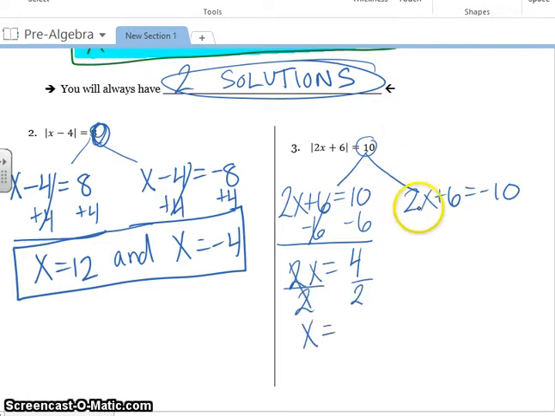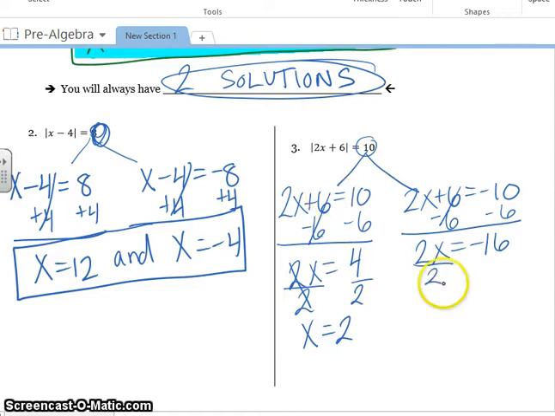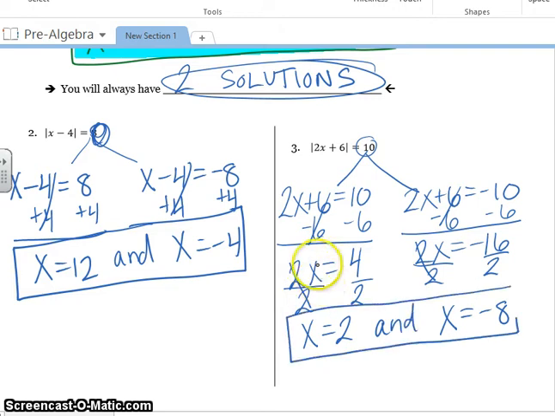So we get x equals 2 for one solution. Then 2x plus 6 equals negative 10. We'll subtract 6 from both sides and get 2x equals negative 16, and divide both sides by 2. So we get x equals negative 8. So our two solutions are x equals 2 and x equals negative 8.